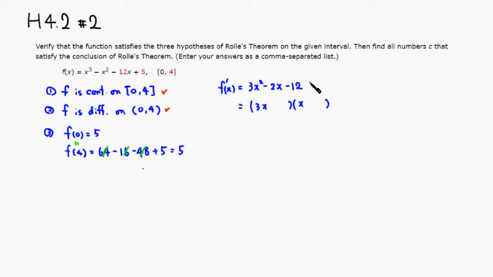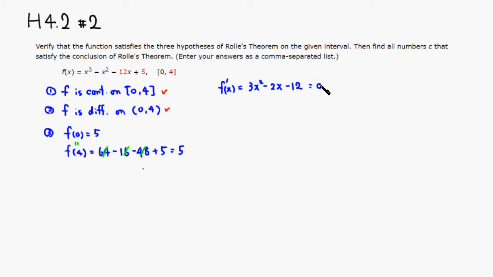That might not work here. How about 2 and 6, would that work? No, it doesn't work. So I'm going to have to use the quadratic formula. I'm going to set this equal to 0.